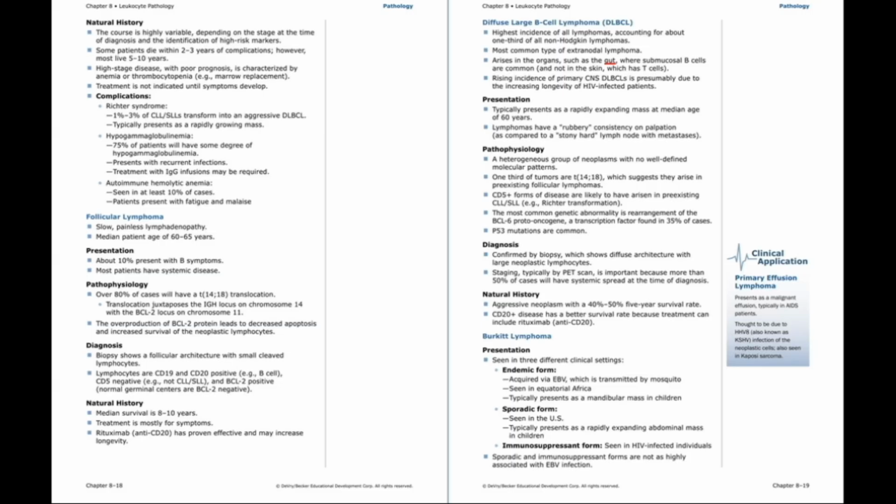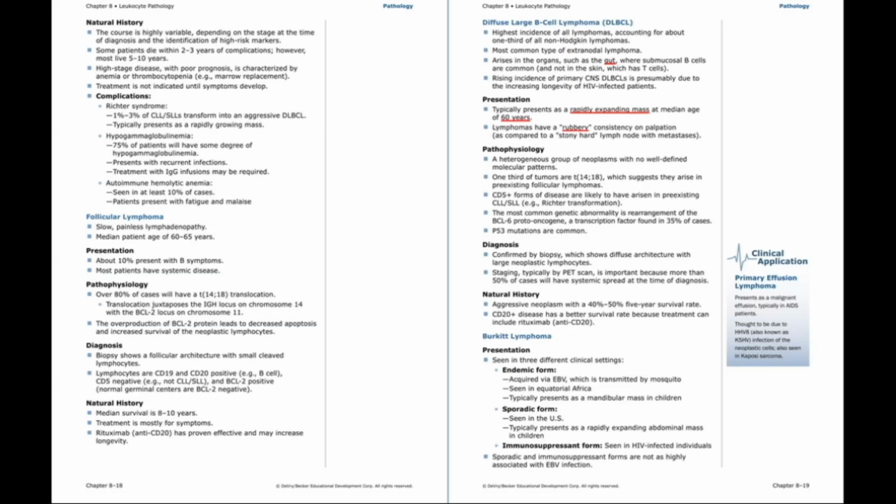Diffuse large B-cell lymphomas typically present as a rapidly expanding mass in an older person around age 60. Like all lymphadenopathy, we divide them into painful, which is acute inflammatory, stony hard, which is metastatic, and then rubbery with lymphoma. Pathophysiologically, these are a very heterogeneous group of neoplasms, and there's really no well-defined molecular pattern that's testable.